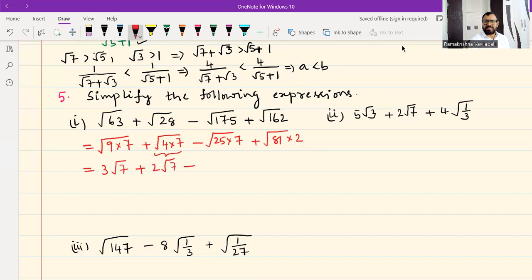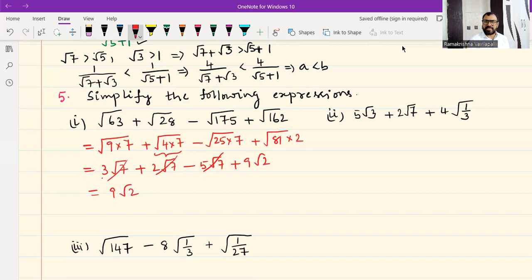Minus the square root of 25 into 7, and the square root of 25 is 5, so 5 root 7. The square root of 81 is 9, so 9 root 2. So here you see 3 root 7 plus 2 root 7 minus 5 root 7. It is cancelled. So we got simply 9 root 2.